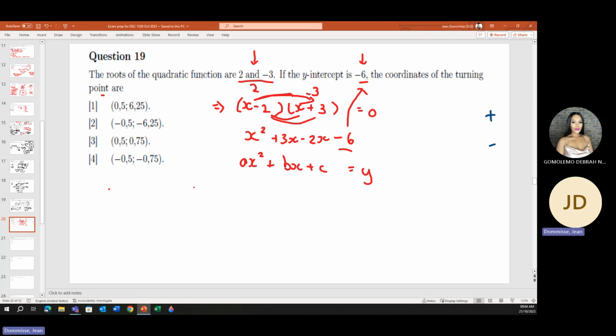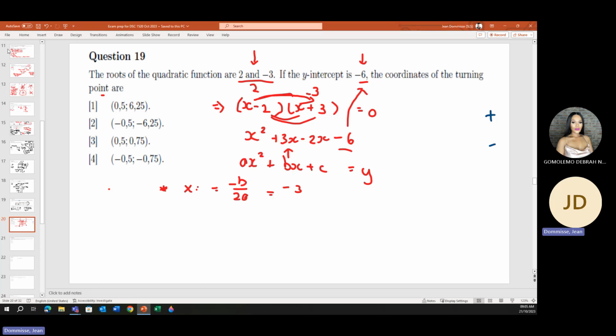So the first thing, I want to get the x of a turning point. So x is minus b over 2a. So that's one of the formulas that we can use. So minus b is then minus 3. So that will be that one.